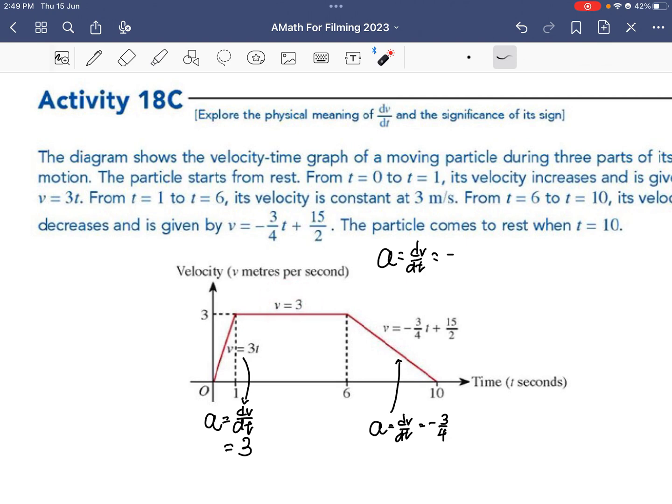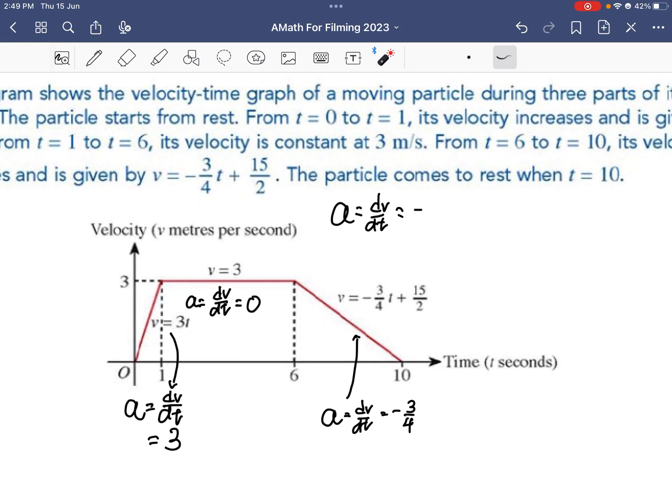Now when velocity is constant, it means that there is no change in velocity. So if you differentiate velocity with respect to time, you get 0. And this makes perfect sense, because the velocity is constant, there's no change, so acceleration is 0.